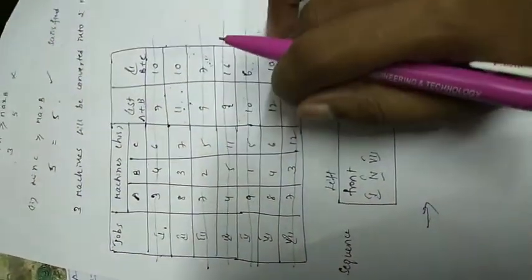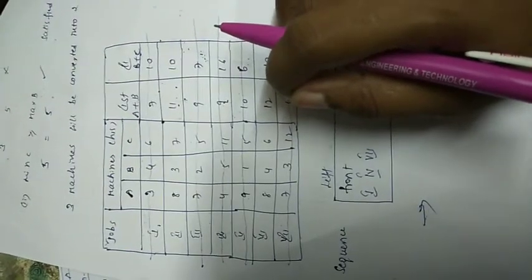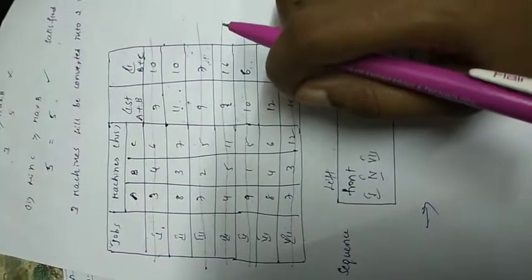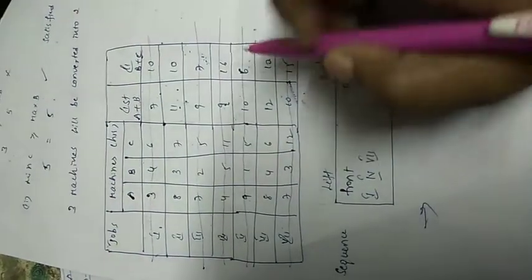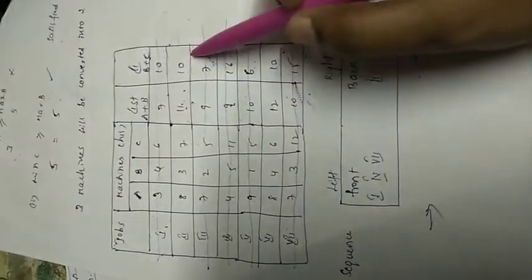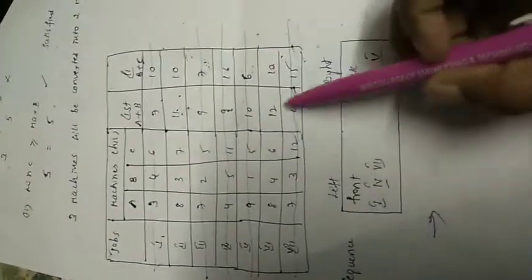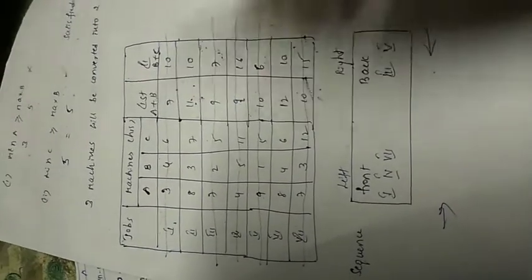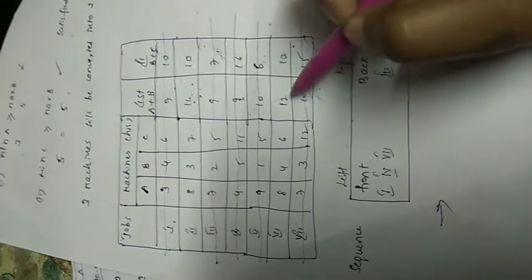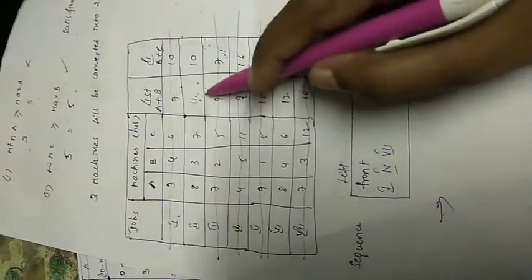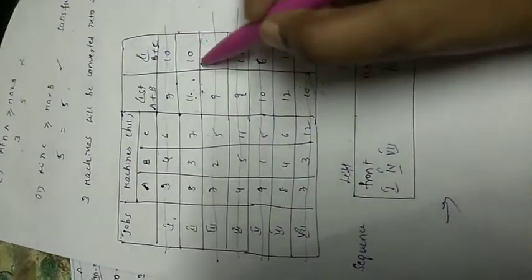So which is least, 11 and 12? Here 11 and 10, and this is 12 and 10. Both tens are in the second machine. Here our first machine has 11, and here also our first machine has 12. Which is least? 11 is least, we will take this only.